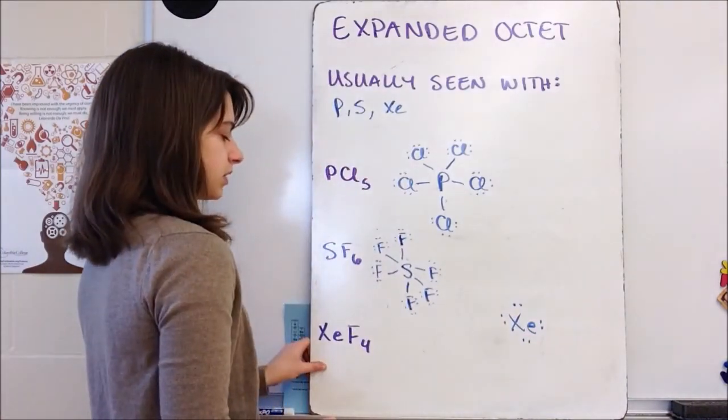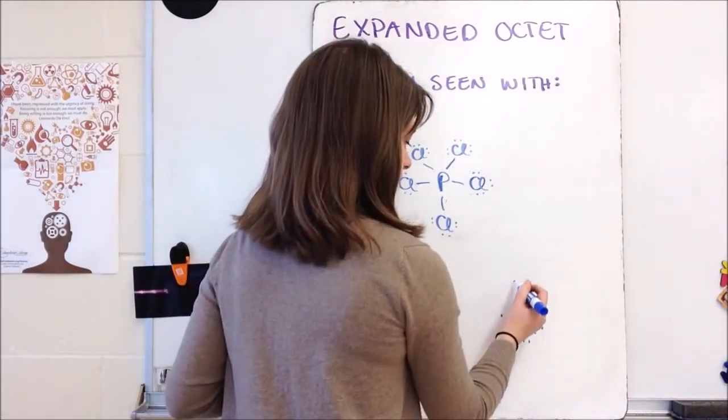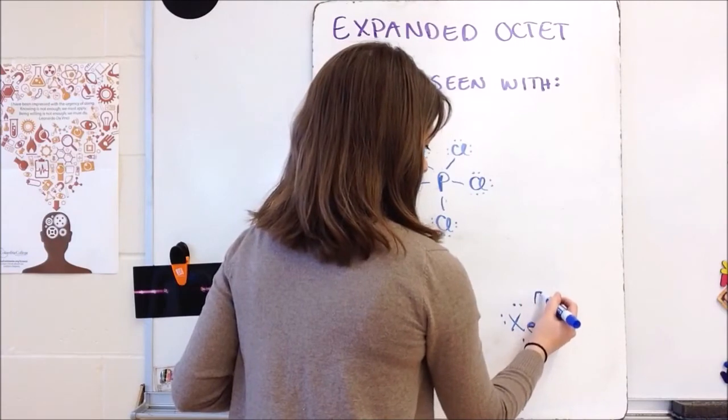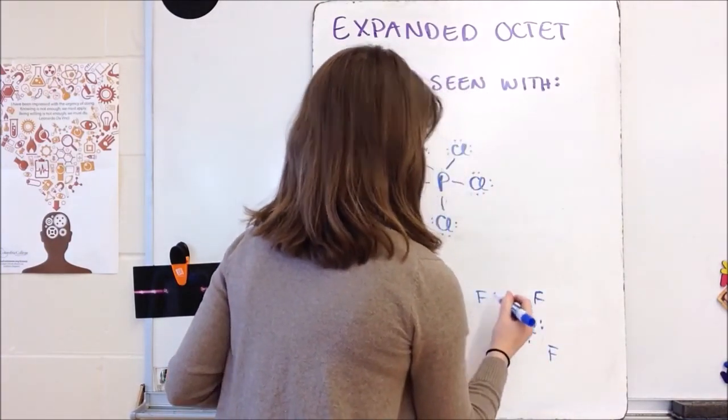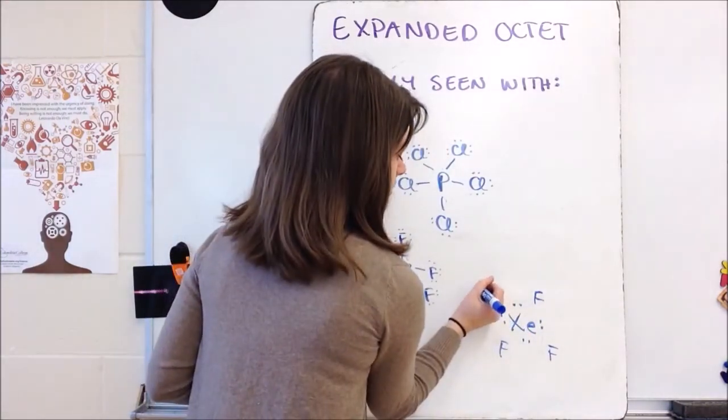And then it's going to bond with 4 fluorines. And each fluorine has 7 valence electrons.